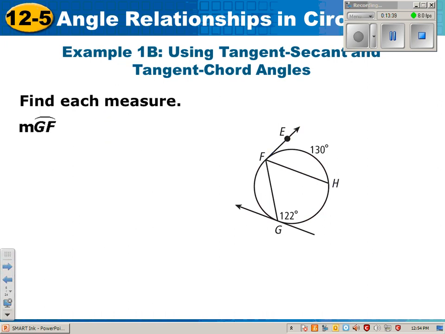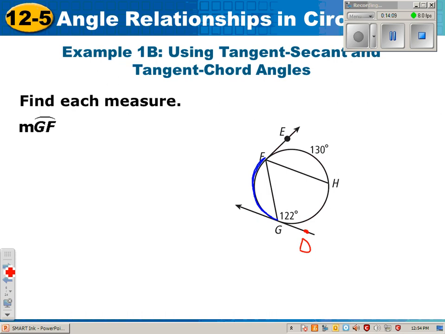Arc GF. Arc GF is asking you for this arc here. So you've got to put it together. First of all, what is this 122 degrees referring to? I'm going to put a D here. So FGD. When they give you an angle measure, they'll give it inside the picture next to the angle.